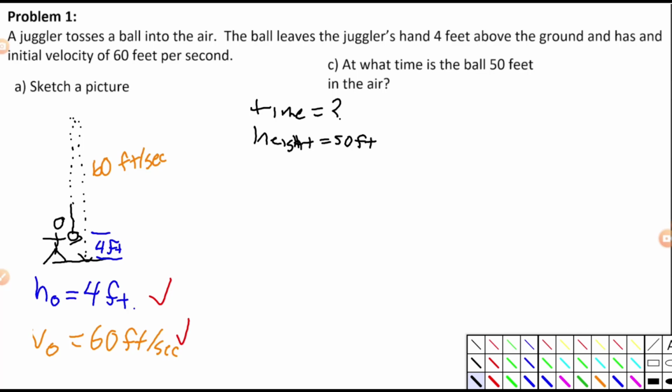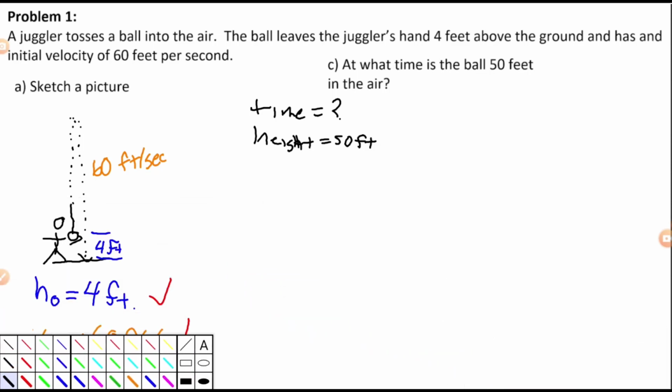Perfect. All right, so based on this, what else do we know? We still know from the last problem that the initial height was 4 feet. We know our velocity is 60 feet. So I think that's enough to start getting into this problem. Let's see if we can start working this out.